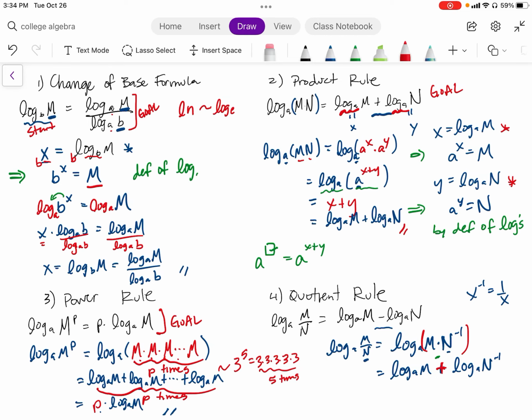But now I'm going to use the power rule to bring this -1 down. Well, -1 times log an, I don't really need the -1, right? -1 times anything is just negative. And therefore, I'm done. I have my goal. This is the easiest, but it's because we had to do the grunt work to build up to that one, right? I needed product rule and I needed power rule in order to combine those two rules and use the quotient rule.